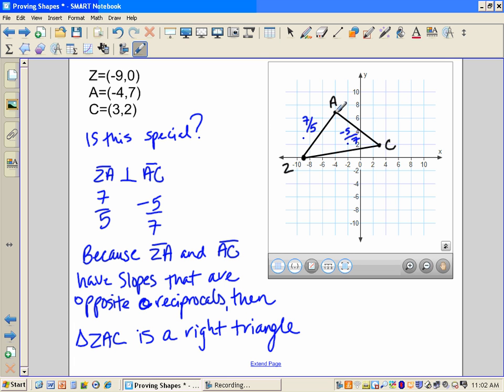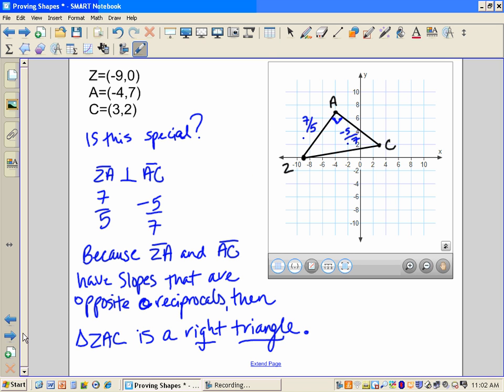Because if this line and this line are opposite reciprocals, then yes, now I can say that this is a right triangle. I have used some mathematics to prove this. I haven't just said it because it looks like it. Okay, we're going to prove it.